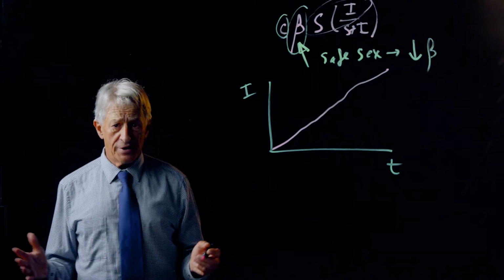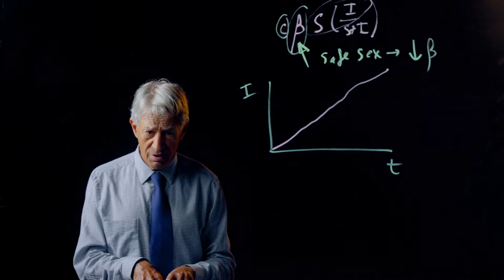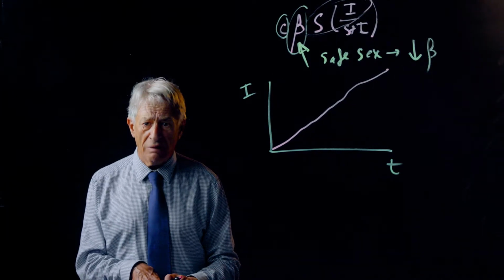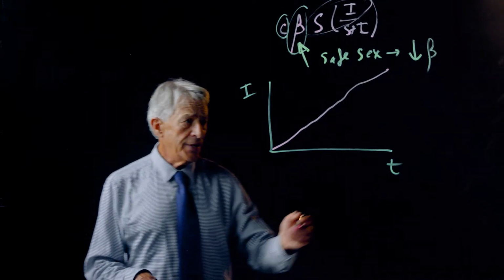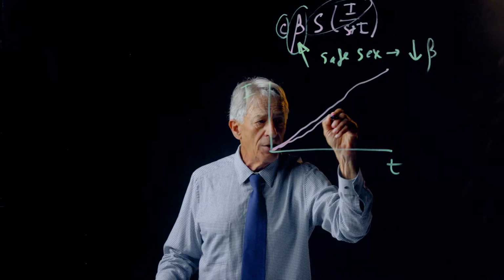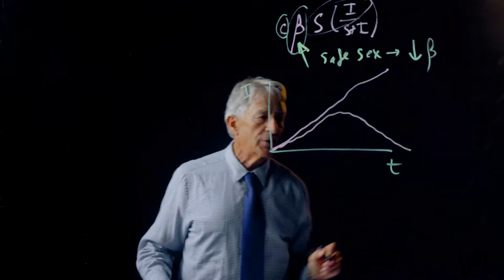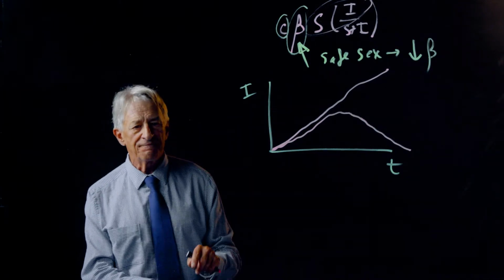So the answer is, and you can only find this by simulation and by what we call numerical experiment, that is experiment in the computer, we need to find how much do we have to lower beta to make the course of infection over time look like that.